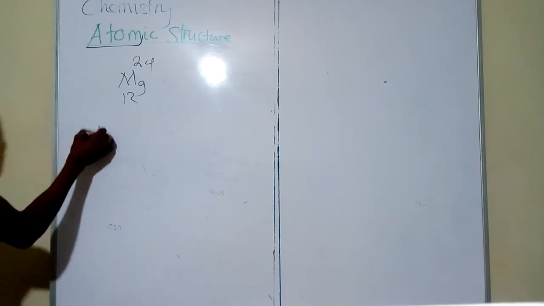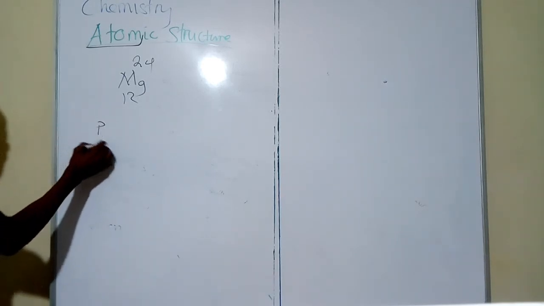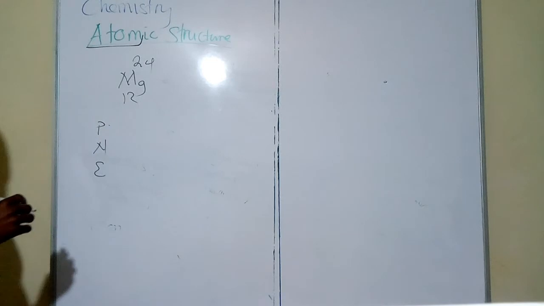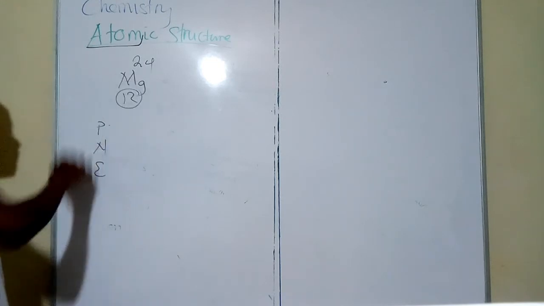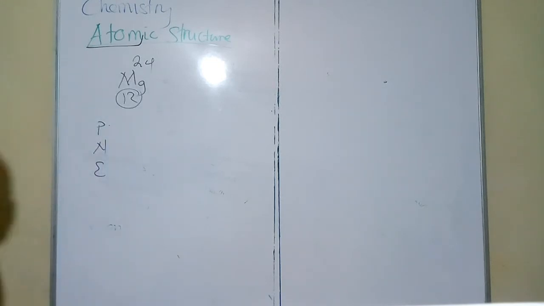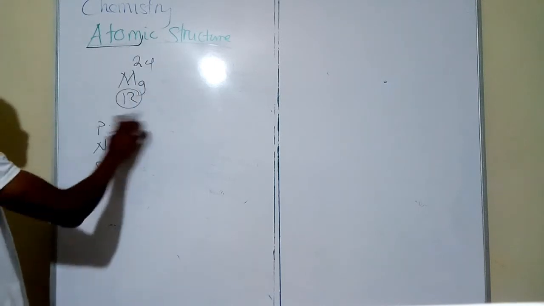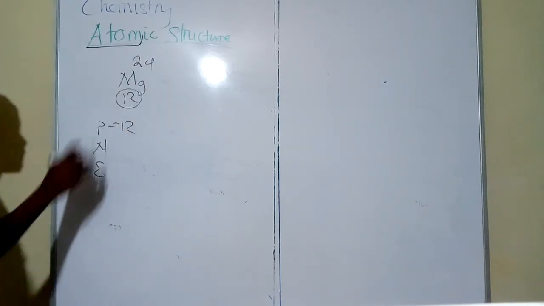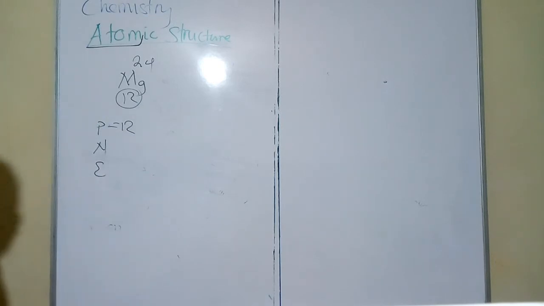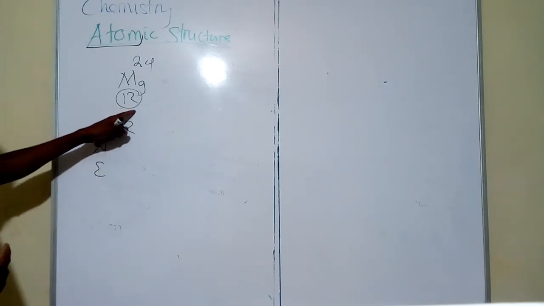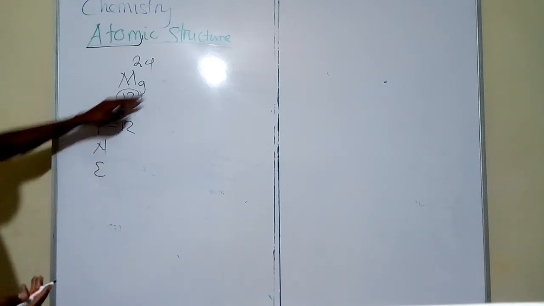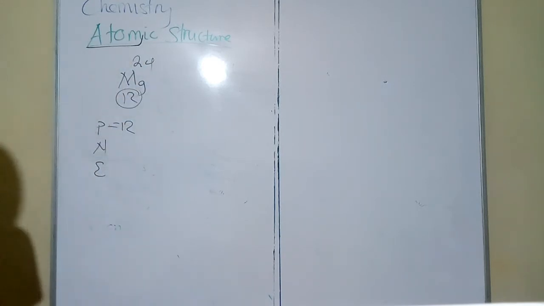So we want to find how many protons, how many neutrons, and how many electrons there are. For protons, it is quite easy. Remember we said the atomic number is the total number of protons. So the number of protons in a magnesium atom is the same, 12. So in this magnesium, we have 12 protons.